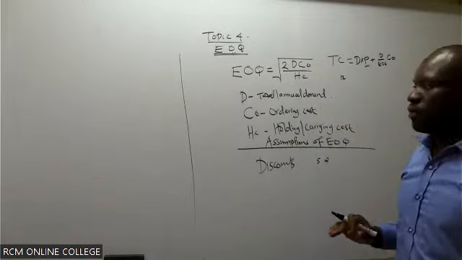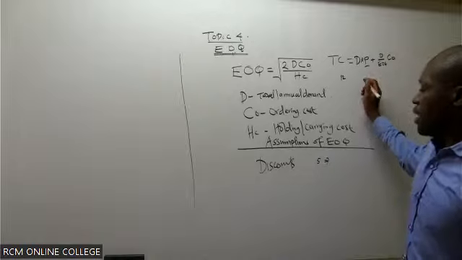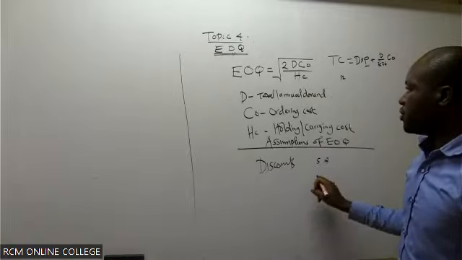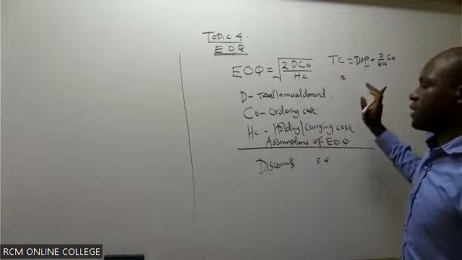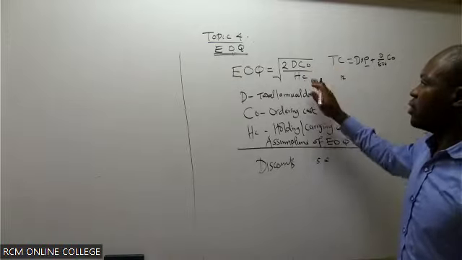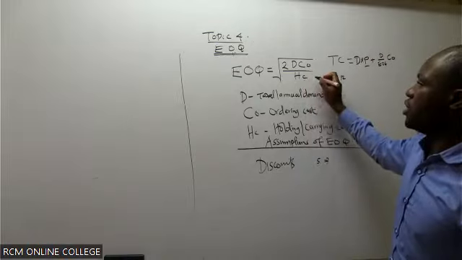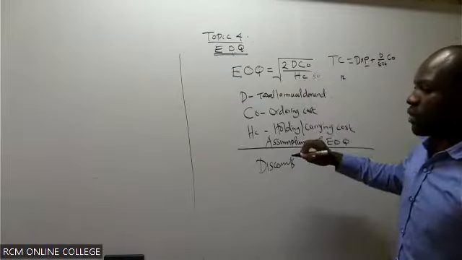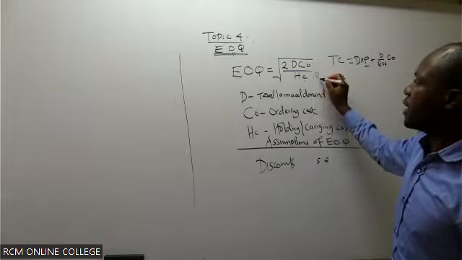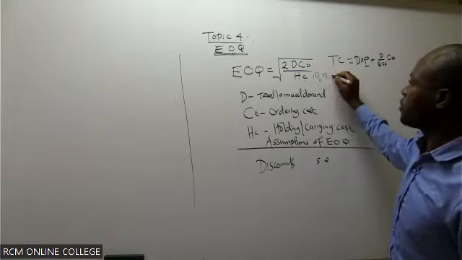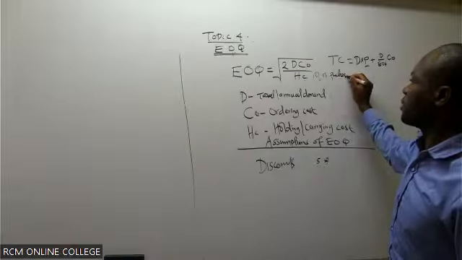They simply give you a discount range and tell you that the holding cost is attached to the purchase price. What do I mean? They will not come and tell you that holding cost is 50 shillings. No, they tell you that holding cost is 10% of purchase price.